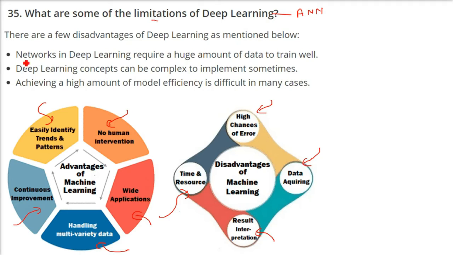So here, networks in this DL, deep learning, requires a huge, humongous amount of data to train well. Along with this, these DL concepts can be quite complex, and in order to implement them, because the complex ideas are there, concepts are there, it becomes somewhat difficult sometimes. Achieving high amount of model efficiency is always difficult in most of the cases.